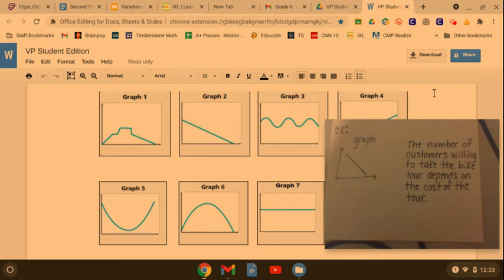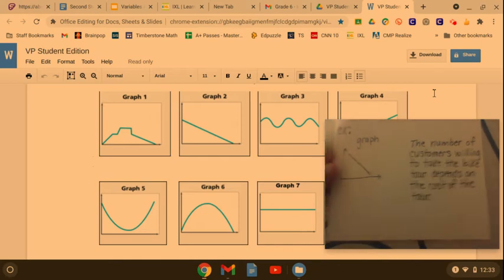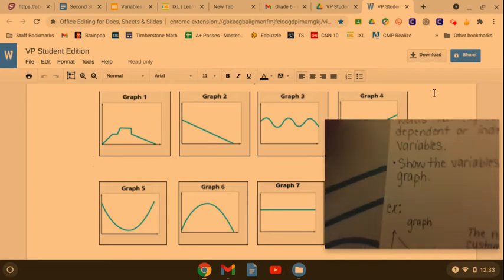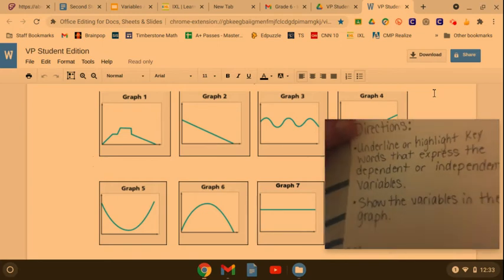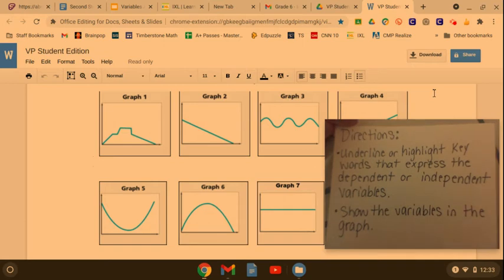So what I would like you to do is follow a couple directions. The first one is, in your story, I would like you to underline or highlight any keywords that will help you identify the dependent and independent variables. So I have that written out.